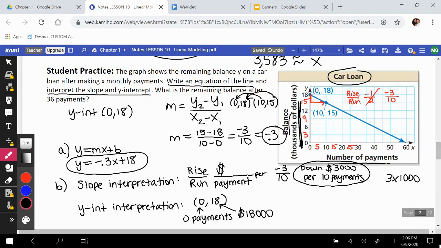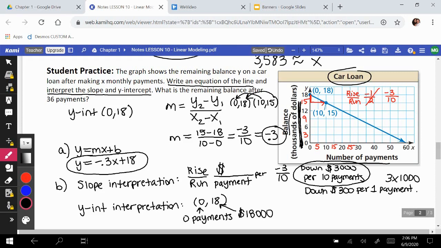You could even write this slope interpretation as going down $300 per one payment, if you wanted to divide by 10, so you could figure out how much it's going down each time you make a payment.